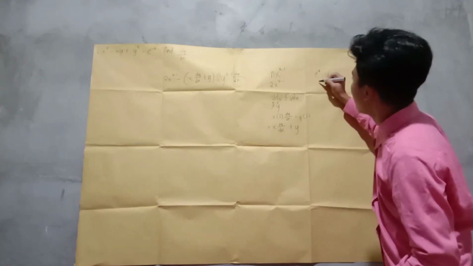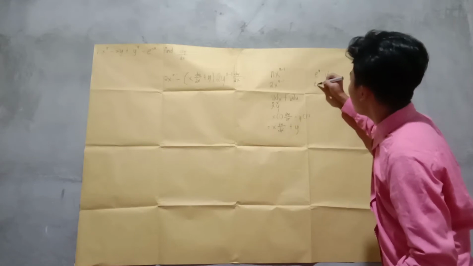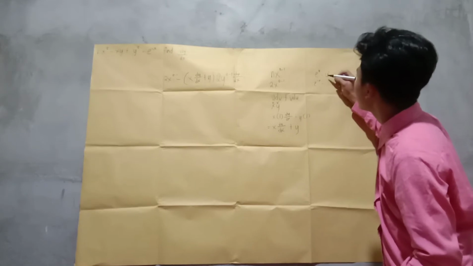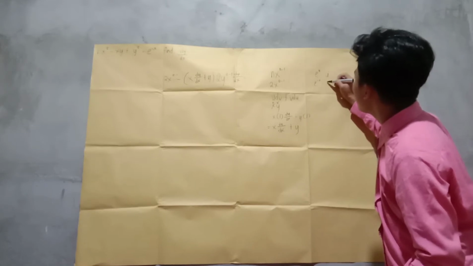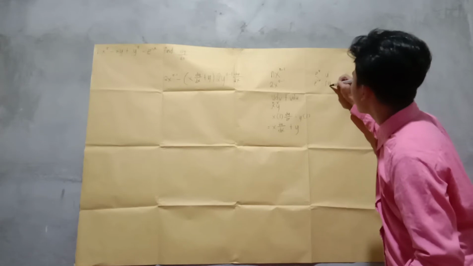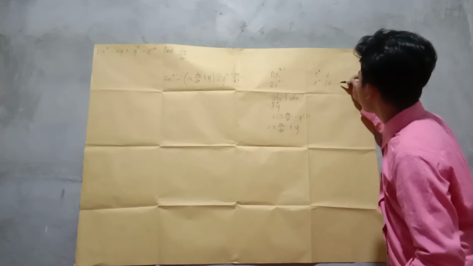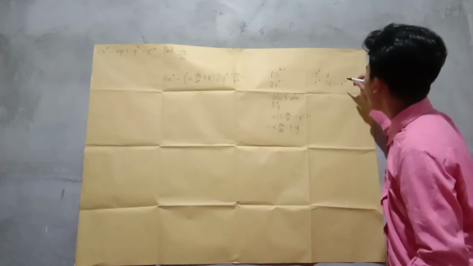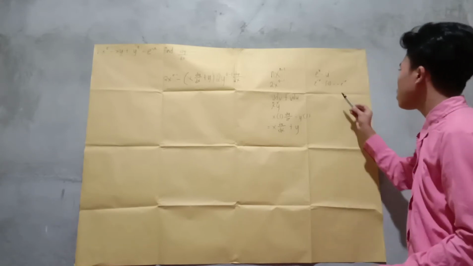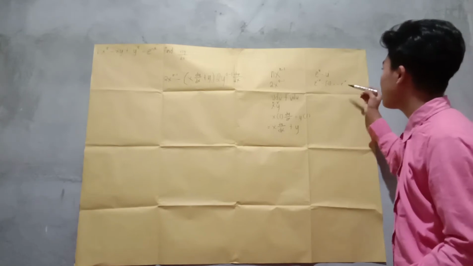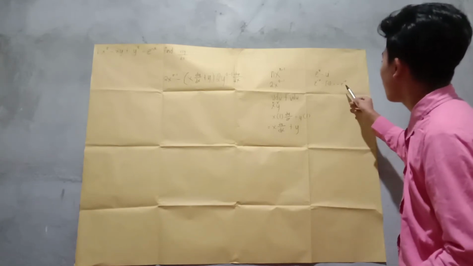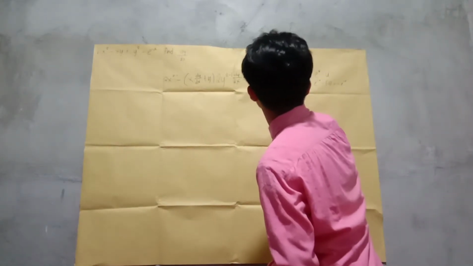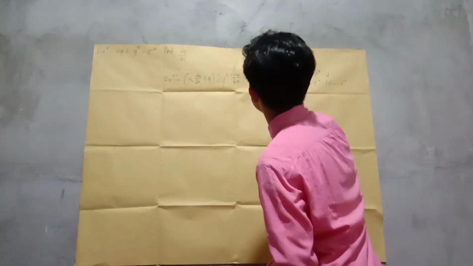So it will become e raised to negative x times u prime, which is negative 1. So it becomes negative e raised to negative x. I don't put the 1 because it is already understood to have the value of 1.